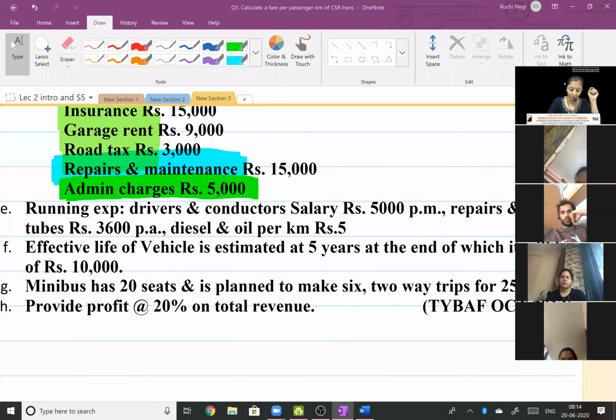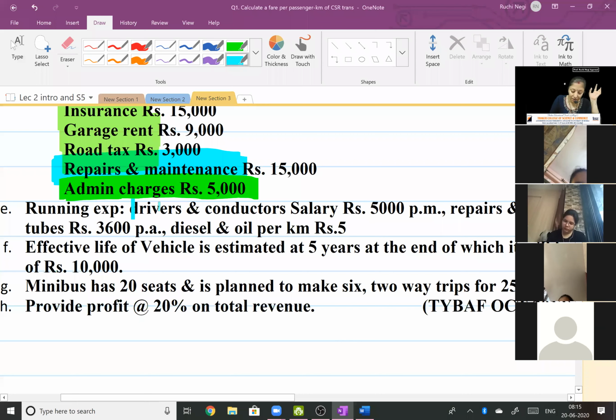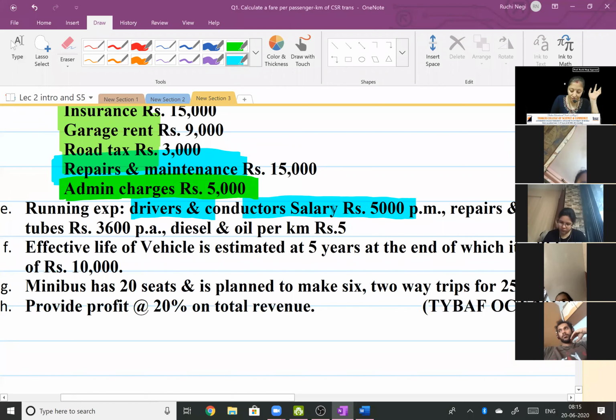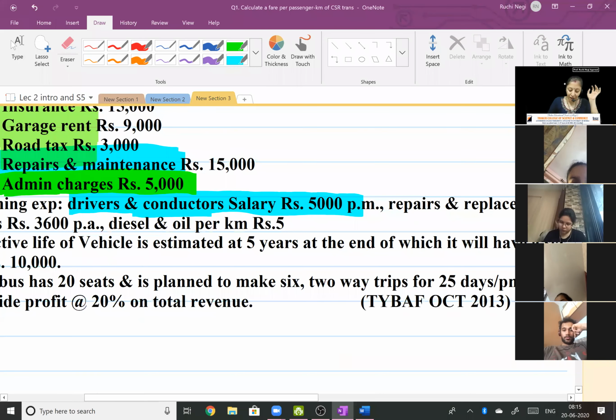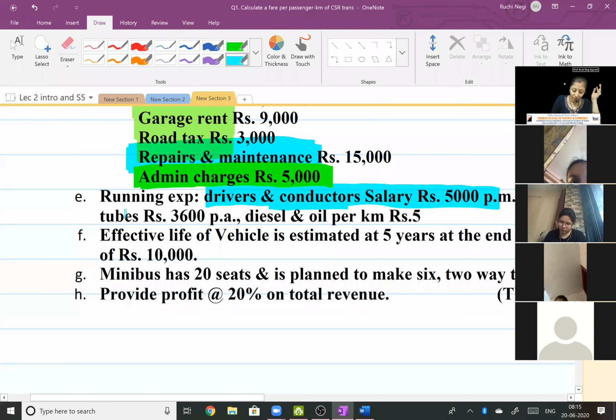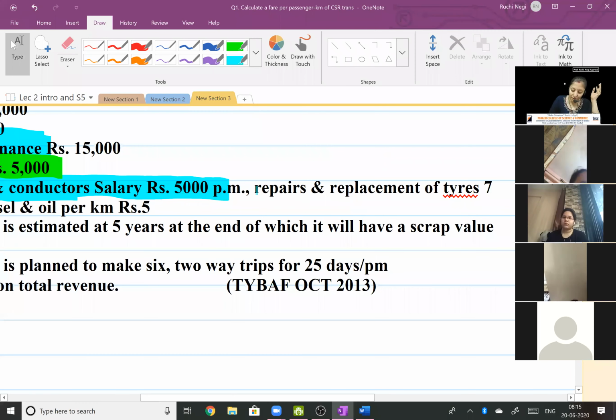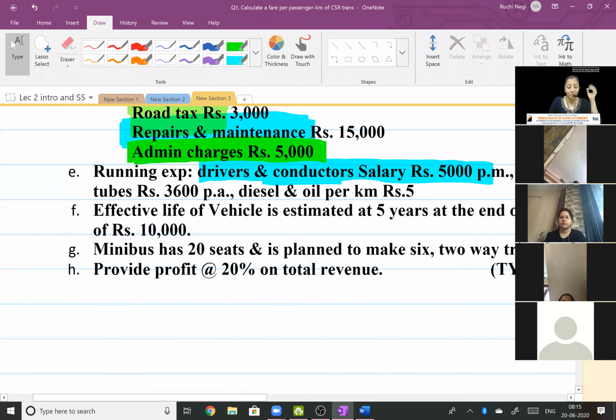So drivers and conductors salary is going to come under which cost? It's going to come under running expenses, that means variable cost. Then repairs and replacement of tires and tubes, 3600 per annum, again variable cost.